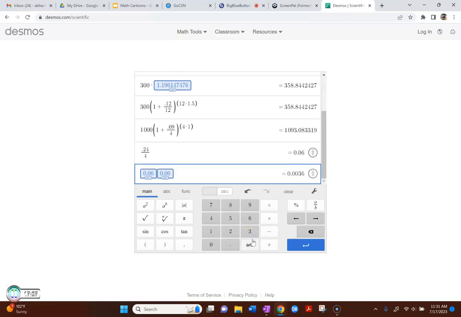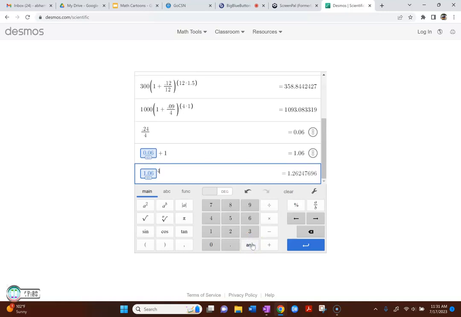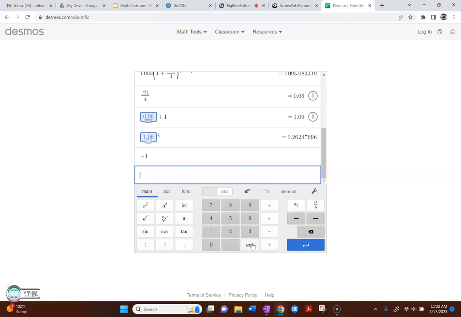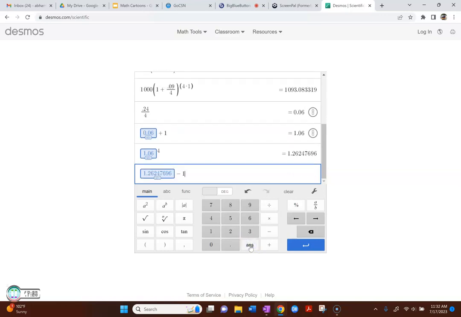Oh gosh, I'm really screwing this up. Answer plus 1, that was inside. So inside I got 1.06. And it's to the fourth power. And then it's minus 1.